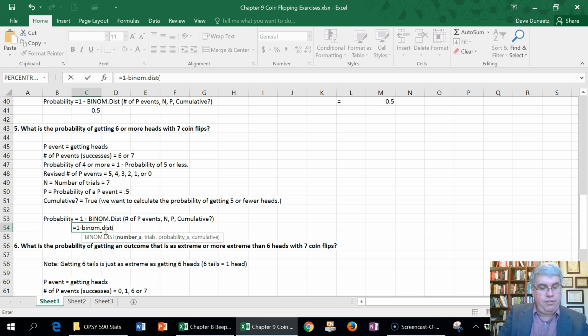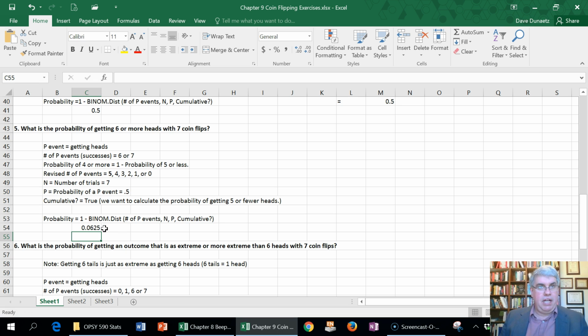Number of P events is 5, N is 7, P is 0.5, and cumulative is true, close parentheses, and that gives us a 6.25% chance of getting 6 or 7 heads.